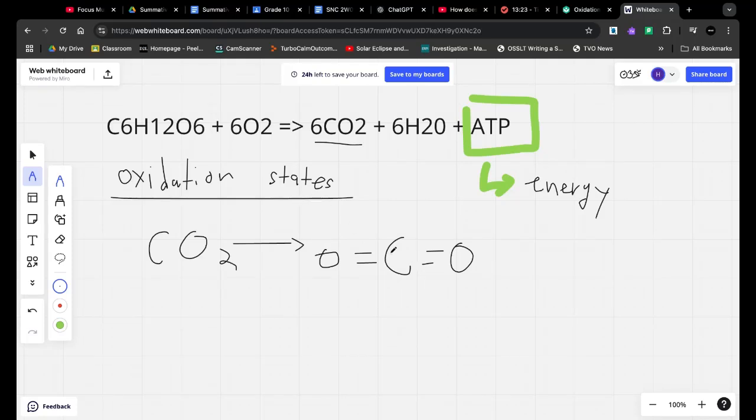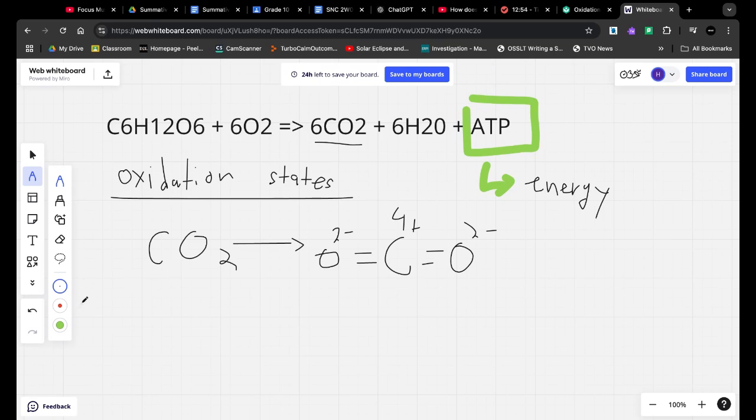So an oxidation state, what it basically states is what if potentially these bonds do not exist, right? What would their charge be? Okay, so what charge would these specific elements be? So in our case, this would become 2 minus, this would become 2 minus, and this would become 4 plus. Now it doesn't always necessarily have to be in this particular case.